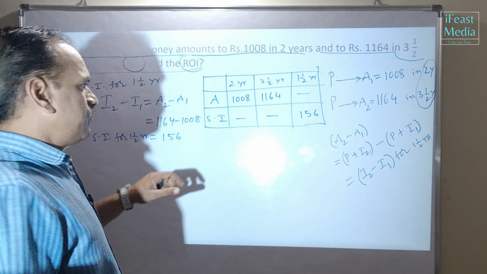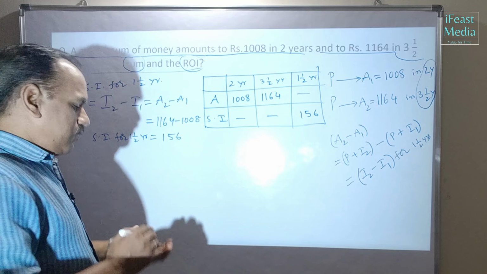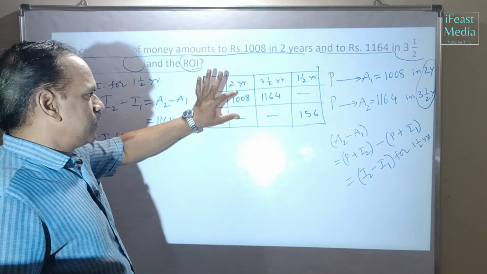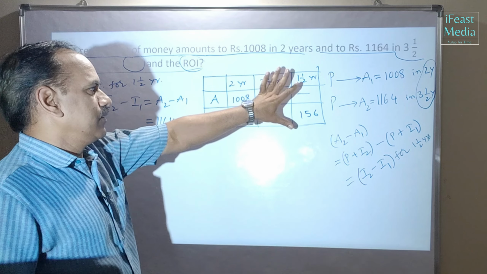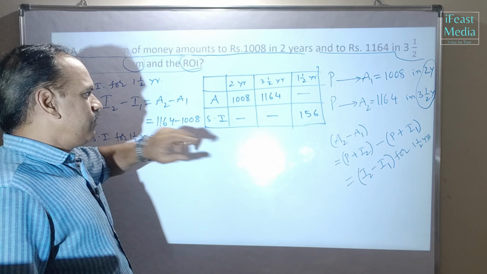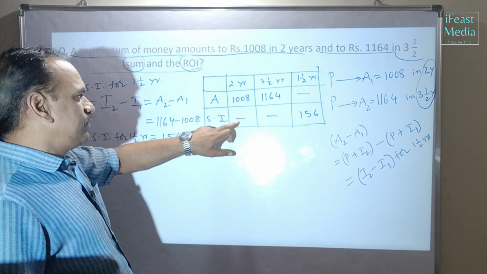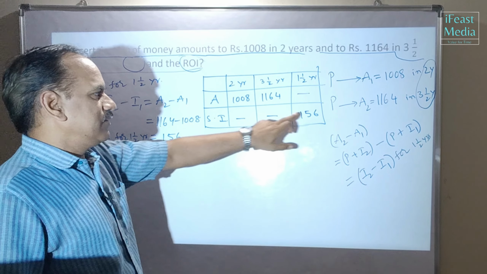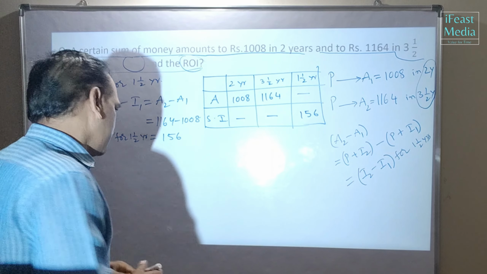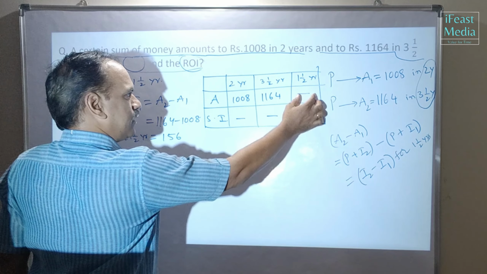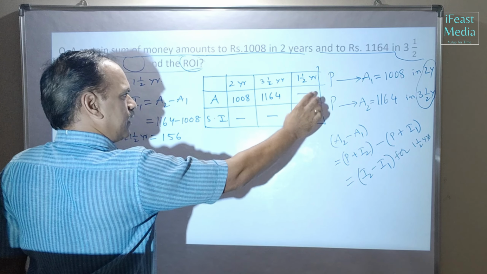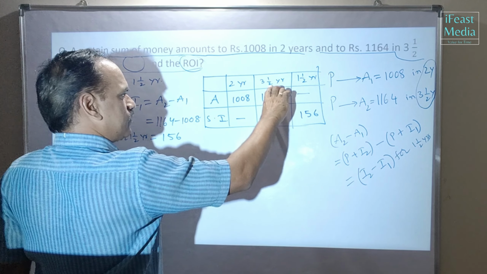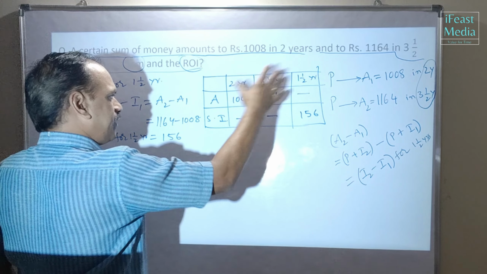Right. Here the most important thing is that you should know both values for any particular time period. So we will find the simple interest. You can find simple interest for 2 years, or for 3.5 years, or you can find the amount for 1.5 years. Then you will know both values for a particular time period.